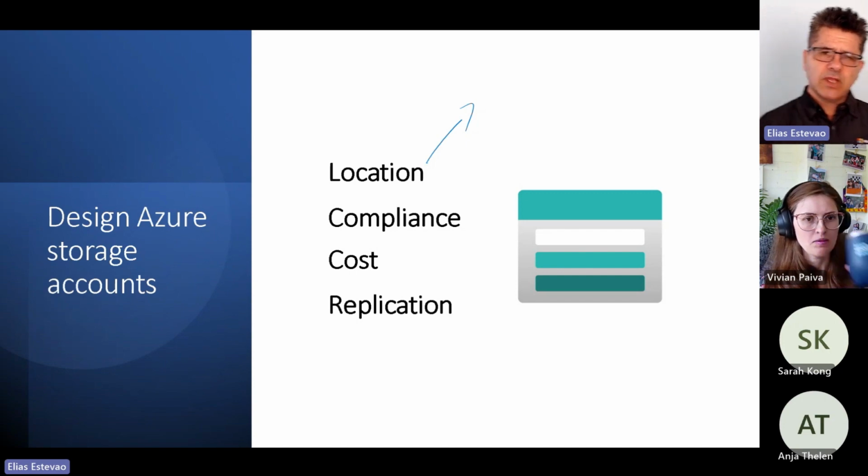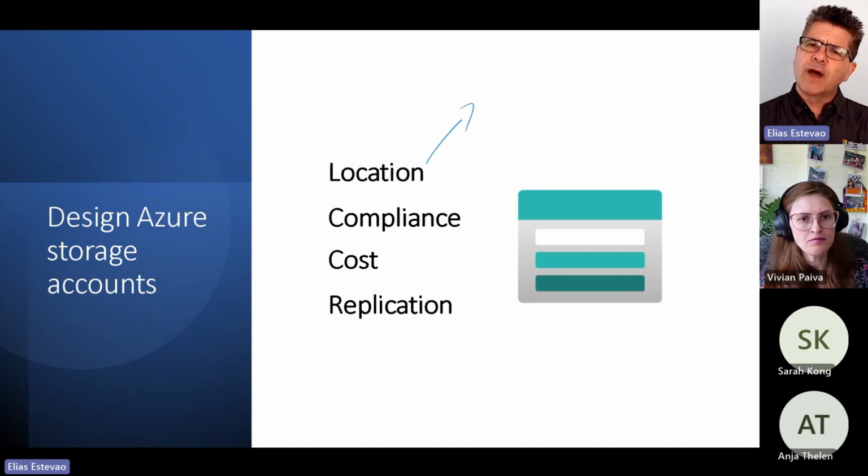Also, cost. It is important for me to see what type of storage I want. If I'm going to use a storage account that is premium, for example, I'm going to pay a little bit more, but I have a little bit less in terms of redundancy, right? If you select a premium storage account, what do you have?